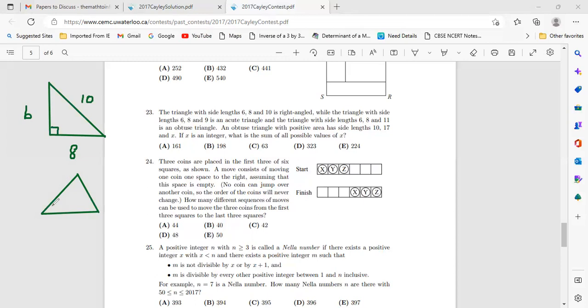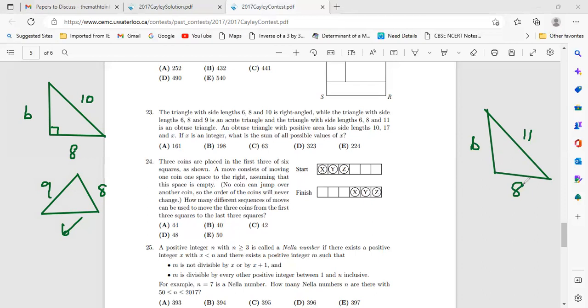Maybe like 6, 8, and 9 you can say. And for obtuse, it is 6, 8, 11. It might look like this for the obtuse one.